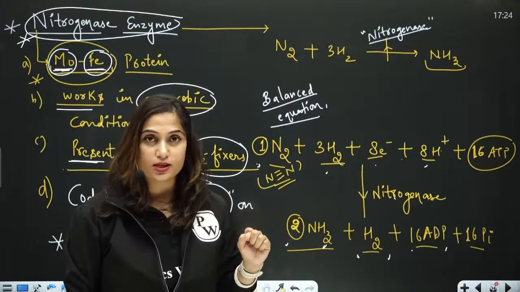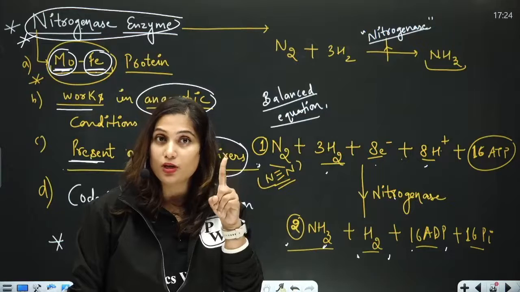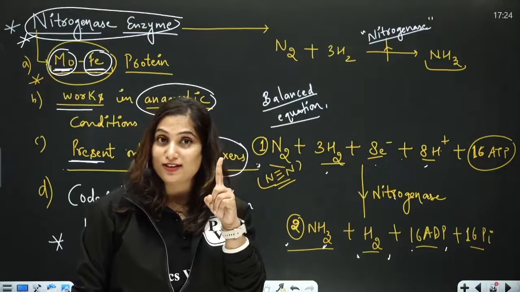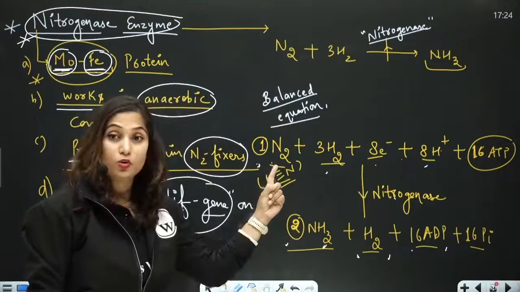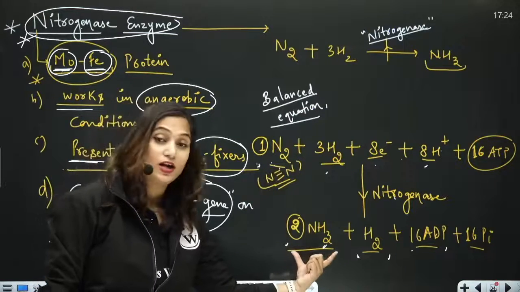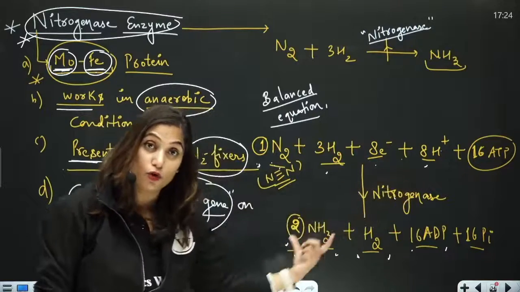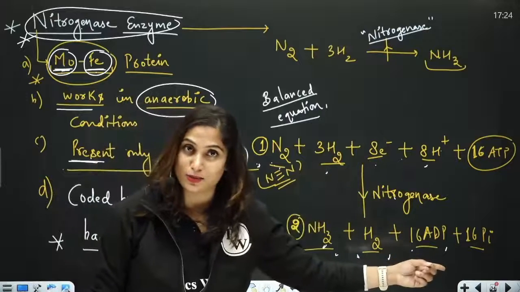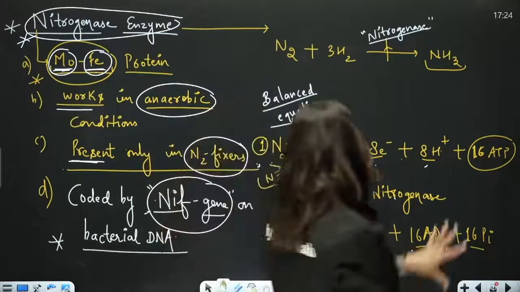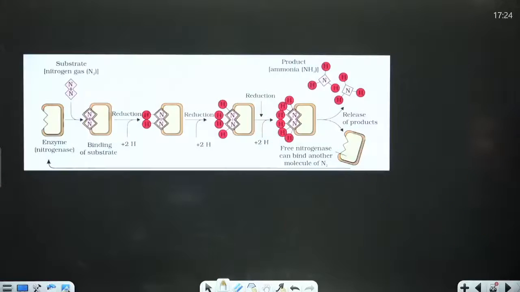If the question says how many ATPs are required to form one ammonia, the answer will be 8, right? When one nitrogen is fixed, 2 ammonia are formed. So to form one ammonia, 8 ATP. To form 2 ammonia, 16 ATP. To fix one nitrogen, 16 ATP. Clear? So learn this equation. This is an important equation, balanced equation given in NCERT.